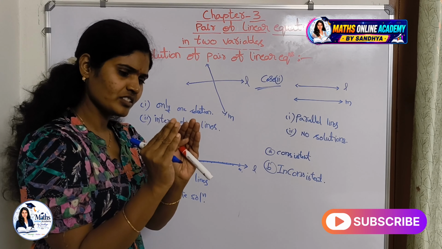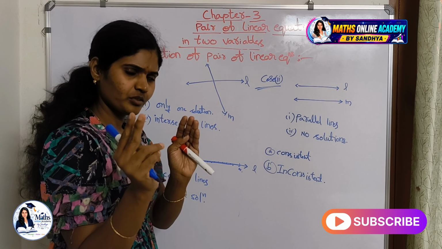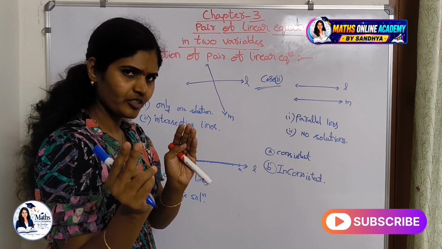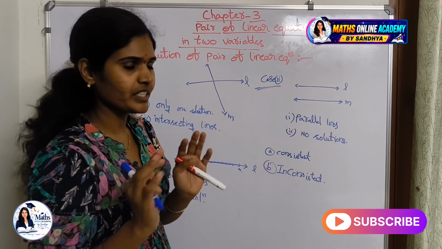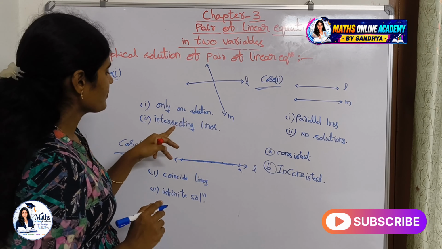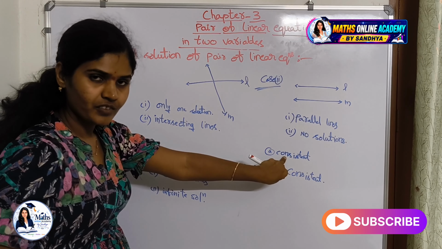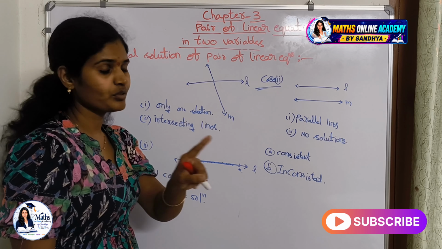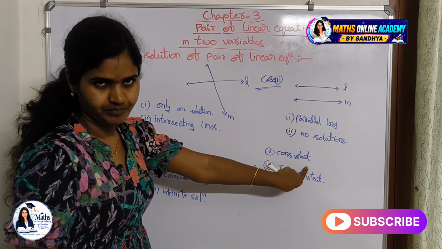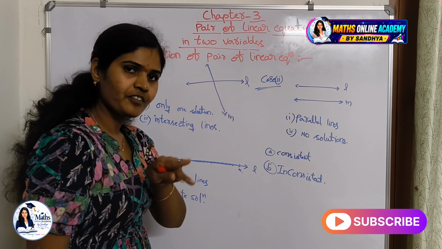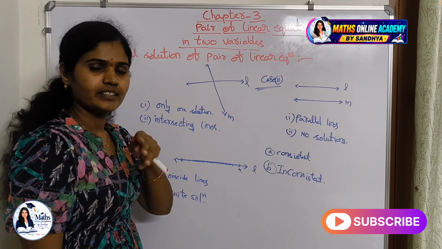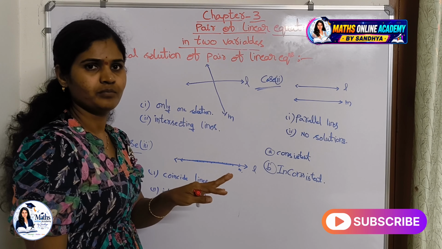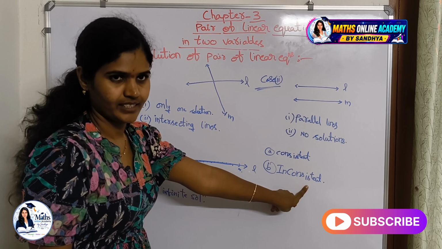If in one system two linear equations are there, that is a pair of linear equations. If that pair of linear equations has at least one solution, those are called consistent. If that pair of linear equations doesn't have any solution, that is inconsistent.